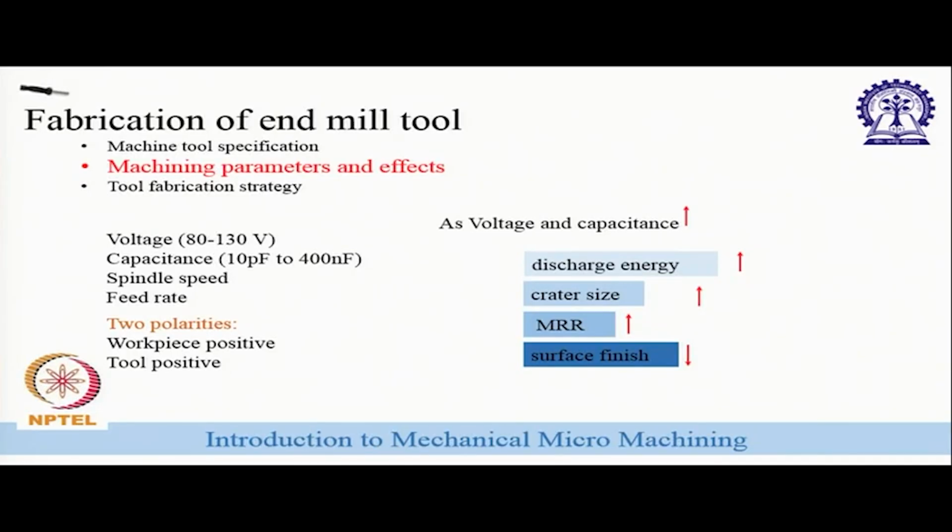So what happens as we increase the voltage and capacitance? That's what happens if we change the machining parameters. If we increase the voltage and capacitance, we will demonstrate it later, but what happens is that the total discharge energy will increase.